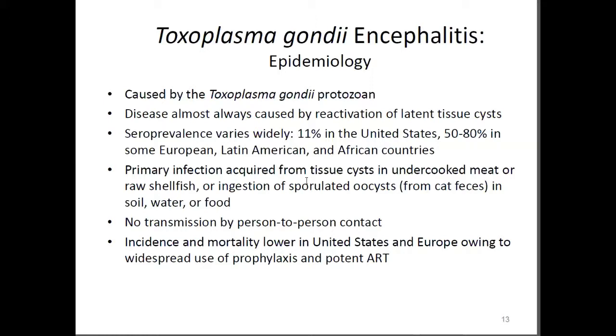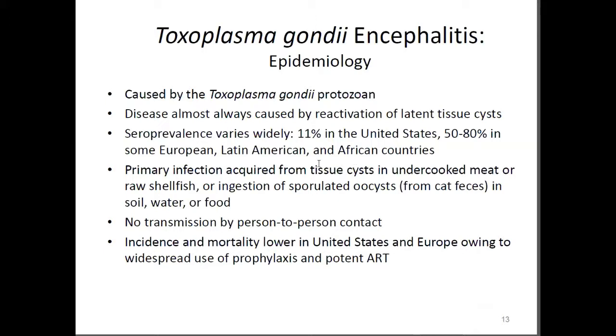So, toxoplasmosis. Epidemiology: it is caused by the protozoan Toxoplasma gondii, and disease is almost always caused by reactivation of the latent tissue cyst. So usually it's not a recent infection, it is just reactivation because of the poor immune system. The seroprevalence varies widely around the world: 11% in the US, and 50 to 80% in European, Latin American, and African countries.